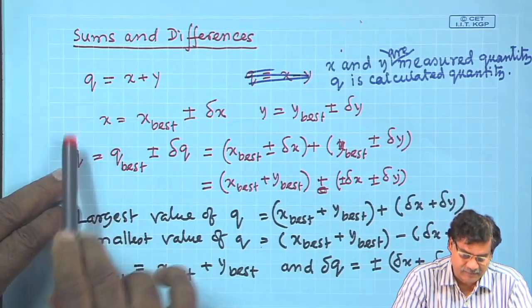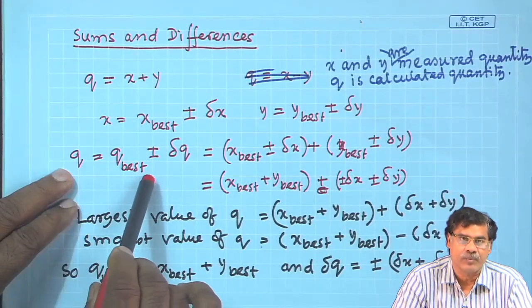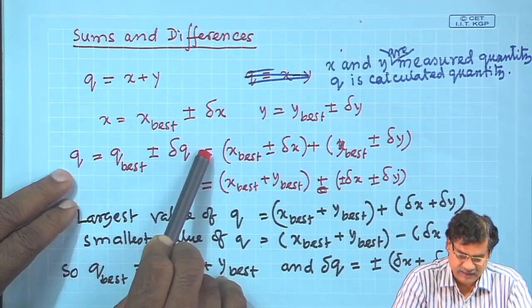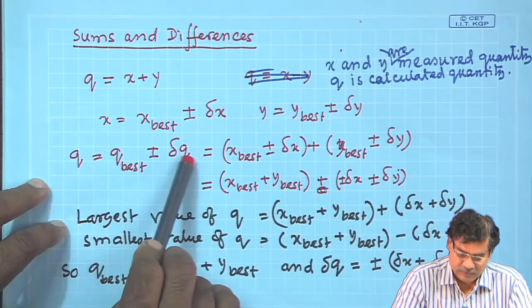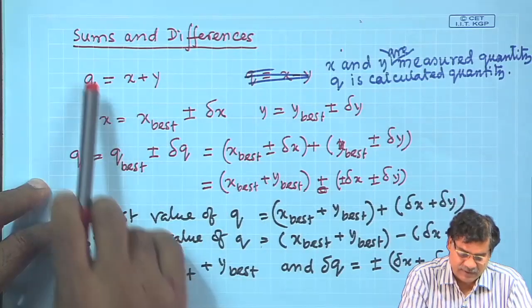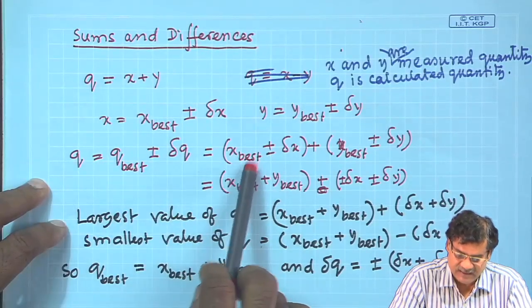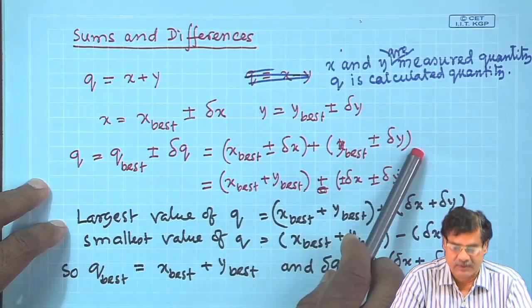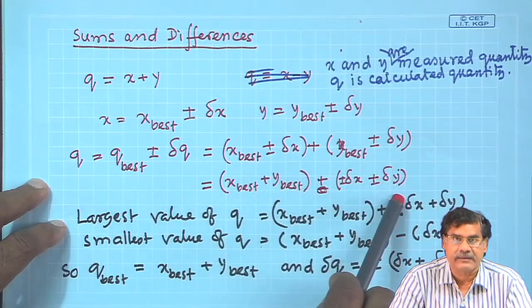And q we can write as q best value plus minus delta q. So q equals x plus y, that is x best plus minus delta x plus y best plus minus delta y.